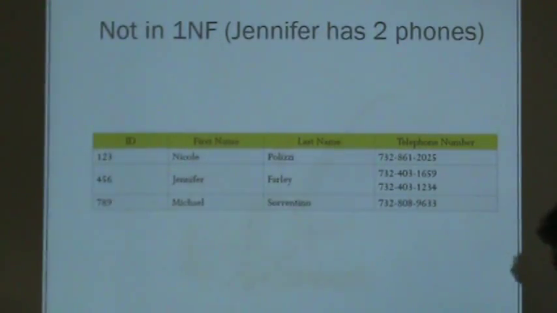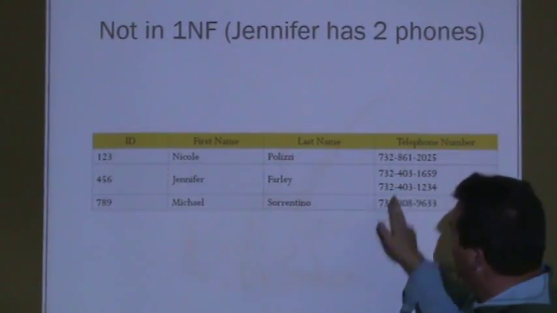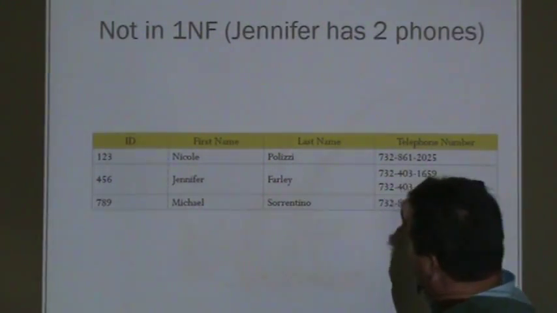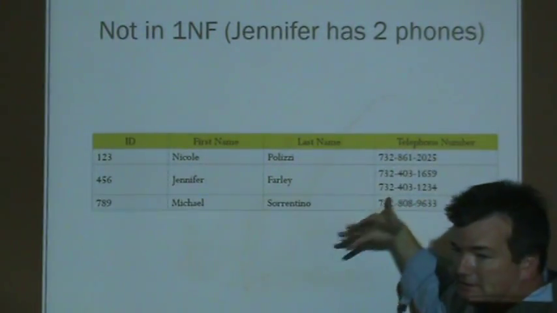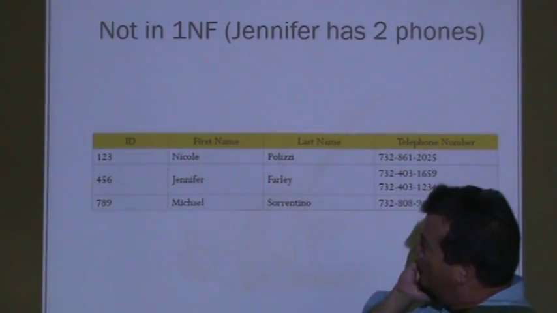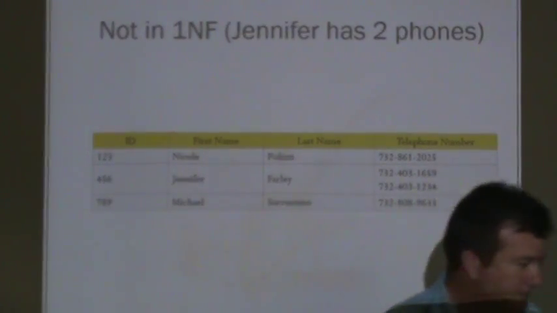And then the idea is that this would not be an atomic field because this could be broken down into phone number 1 and phone number 2. So this field is not atomic, and therefore this table could not have a field that could only take on one value.